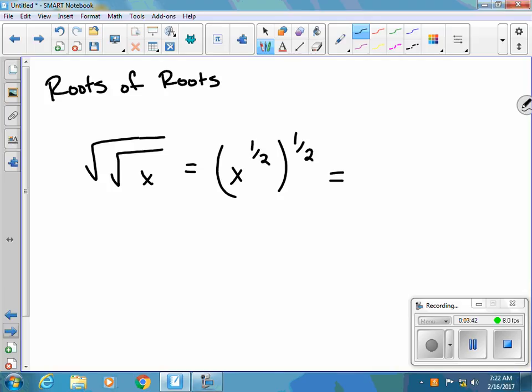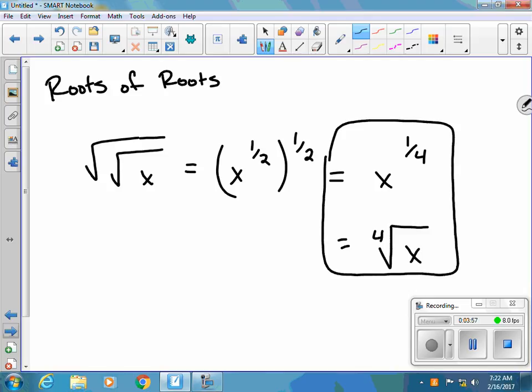So we know when we have an exponent on the outside, raising it to another power, we multiply. So this is really x to the 1/4, or if you were writing this in radical notation, the 4th root of x. Okay, so it's really not that big of a deal. You just rewrite it as an exponent and then combine your like terms using multiplication based on our properties of exponents.